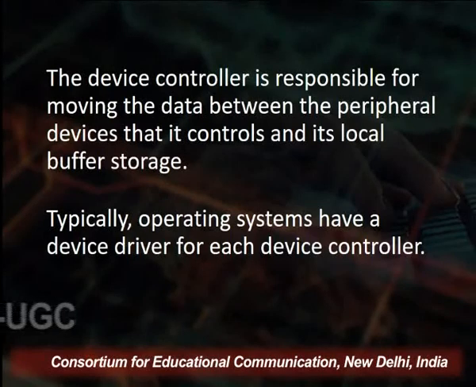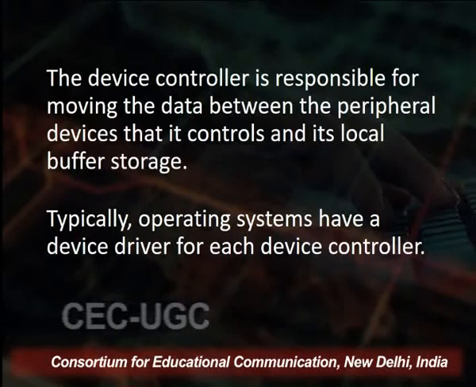Now what is the job of this device controller? We have seen that corresponding to each device there must be at least one device controller. This device controller is responsible for moving the data between the peripheral devices that it controls and its local buffer storage.